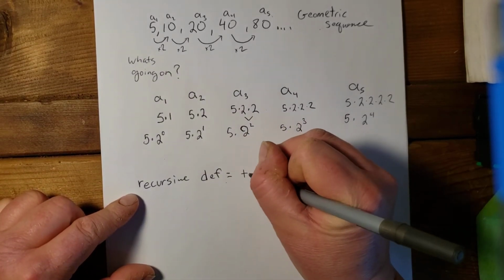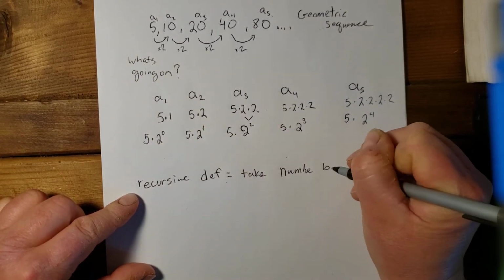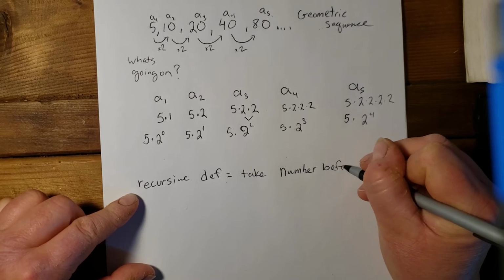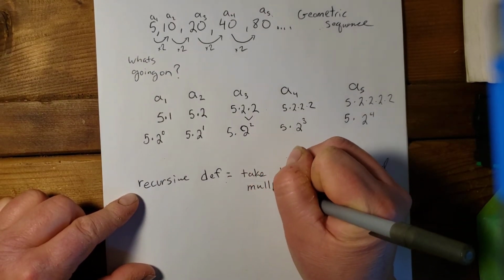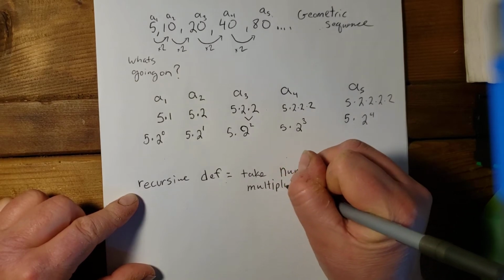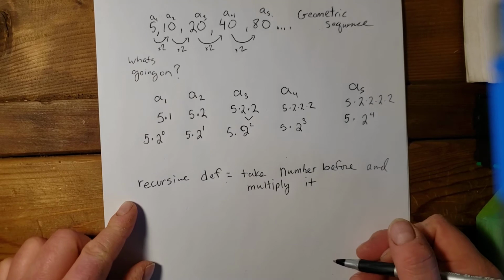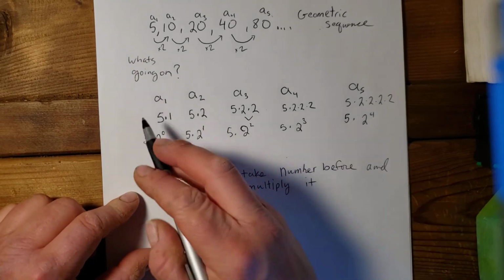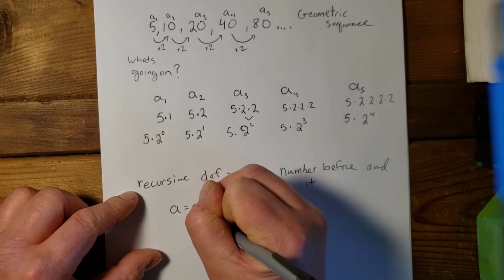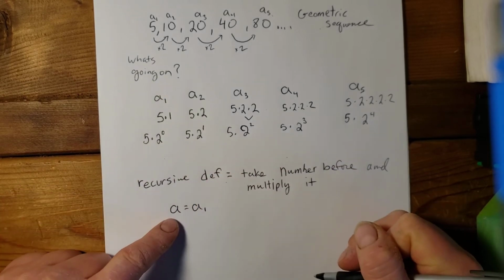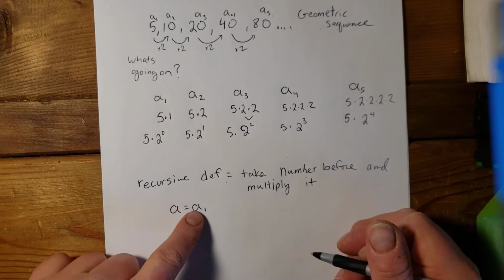So take the number before and multiply it. All right. We are going to say, we're just going to let A1 equal A. So we're going to take the number before that number.